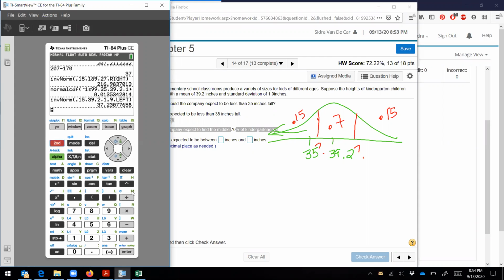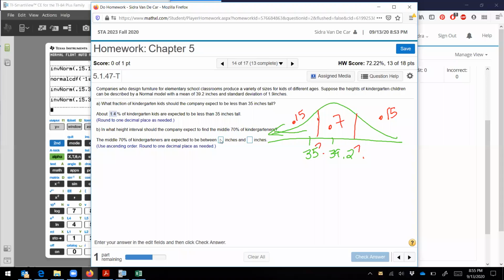So second distribution, inverse norm. Everything is the same, but I want to choose on the right. So 41.16. So to one decimal place, we're going to go 37.2 to 41.2.